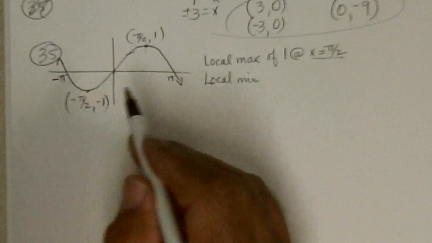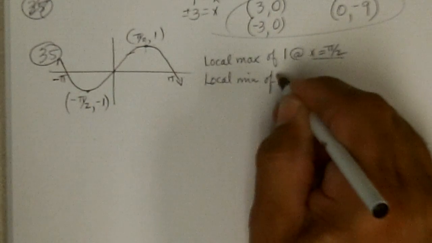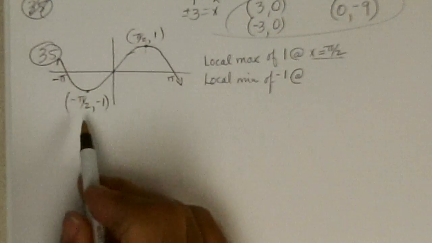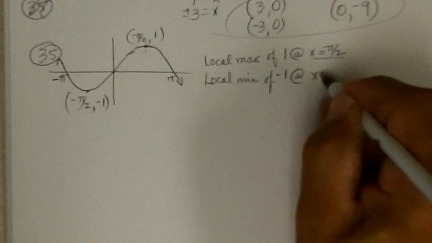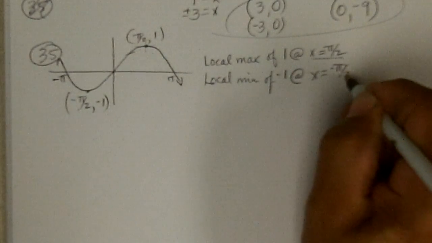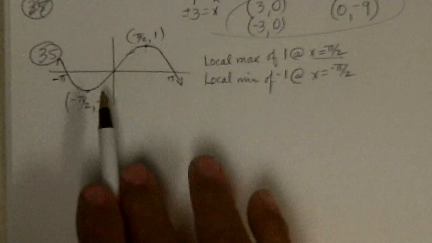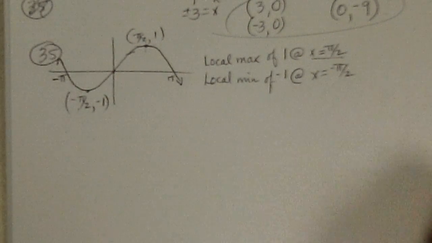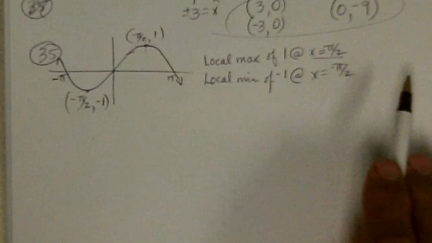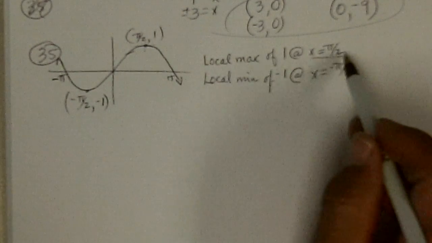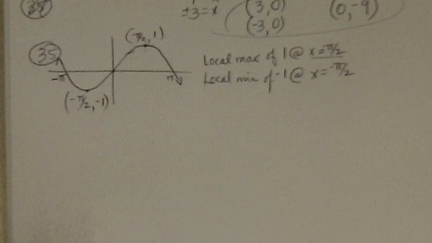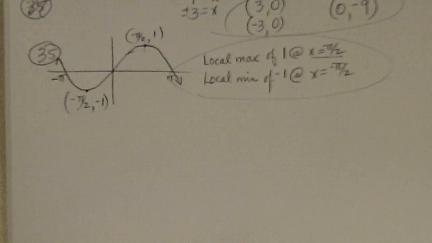The lowest height here is of -1, and it happens at, according to this graph, x equal -pi/2, and it will occur also 2 pi further, repeatedly 2 pi to the right and to the left, added on or subtracted off of that. But these are the only ones that are shown in that picture.